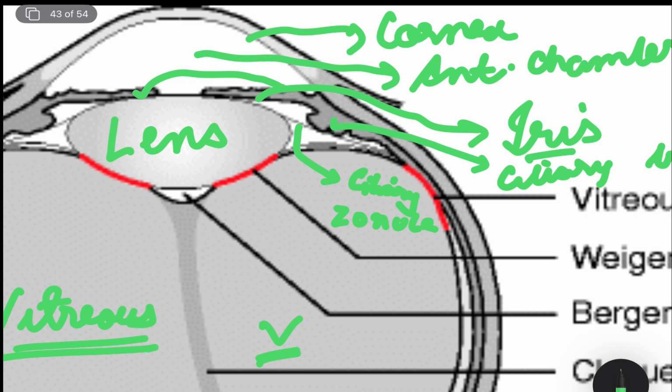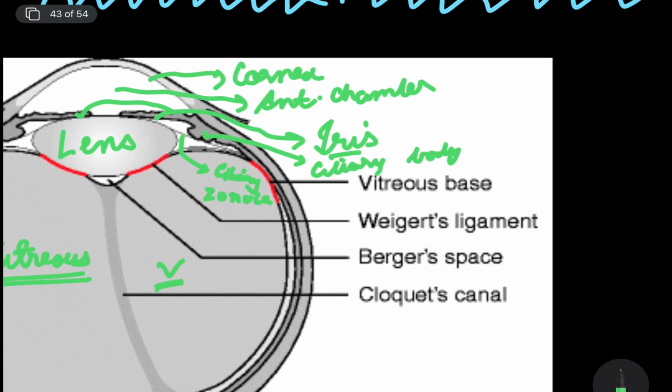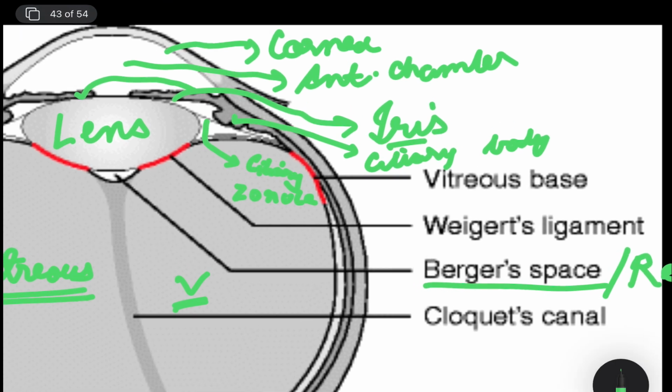This space between the lens and the vitreous is called the Berger's space, or the retrolental space. See, it is nothing difficult. Retro means behind and lental comes from the word lens. So retrolental, behind the lens, there is a space in between the vitreous and the lens called the Berger's space.